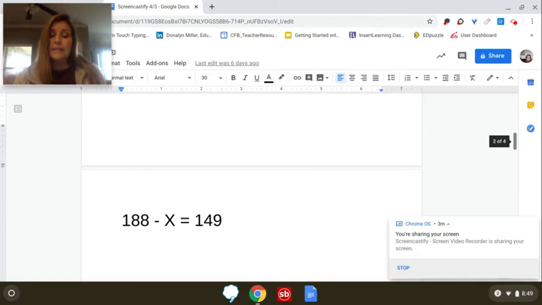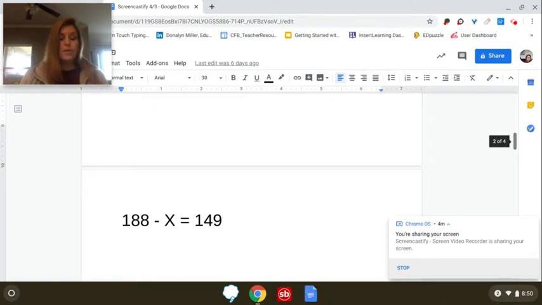Notice I use the X in place of where the numbers should be. Until now, we've always either put a box, or we've used a question mark, or we've put a blank line there. This is a math language alert. In math, instead of using a line, a question mark, or a blank, mathematicians use letters like X to hold the place of a number.